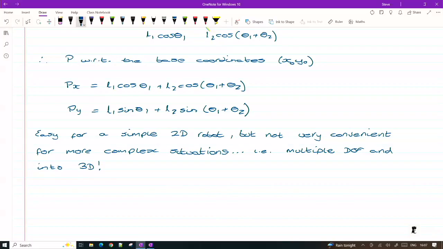Okay, so we need a more convenient approach, we need a more general approach that we can apply, and it just so happens that this more convenient approach is based on matrix algebra. So what I'm going to do now is adjust what I've just done and take it towards a matrix-based approach.